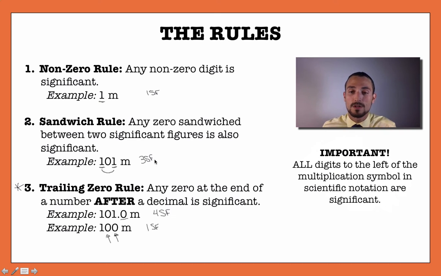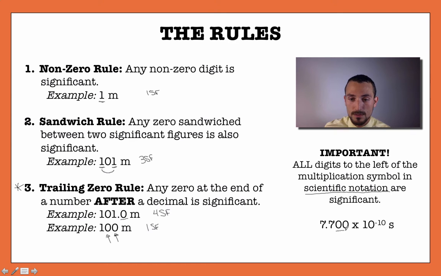Another thing that's important to know is, let's say that 100 meters, you actually did measure to this ones place. The way you can modify and manipulate the significant figures is by using scientific notation, as we'll see here. So we see this number below, 7.00 times 10 to the negative 10 seconds.